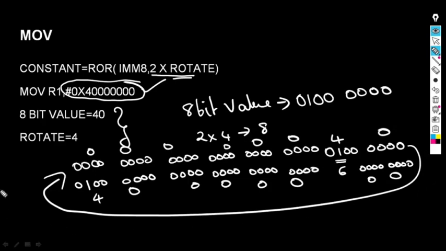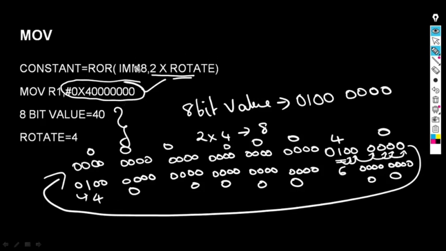How many times do I have to rotate it? This will be my first rotation, second, third, fourth, fifth, sixth, seventh and eighth. If I rotate this value by 8-bit positions, then I will obtain the desired value.